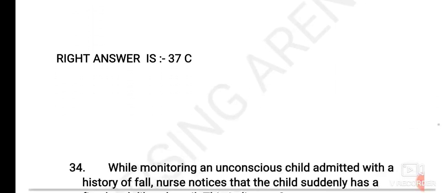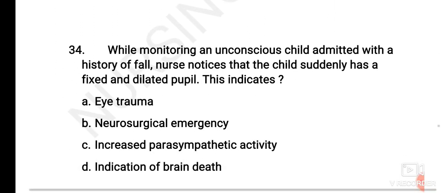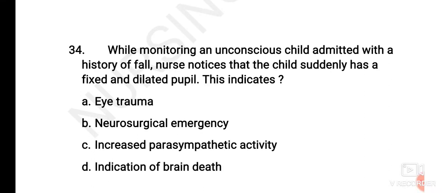Next question. While monitoring an unconscious child admitted with a history of fall, the nurse notices that the child suddenly has a fixed and dilated pupil. This indicates eye trauma, neurosurgical emergency, increased parasympathetic activity, or indication of brain death.